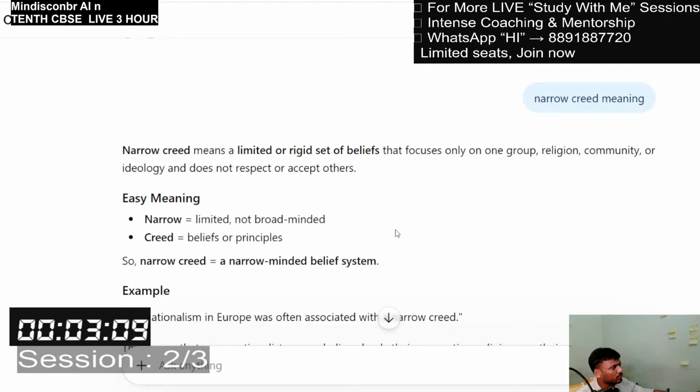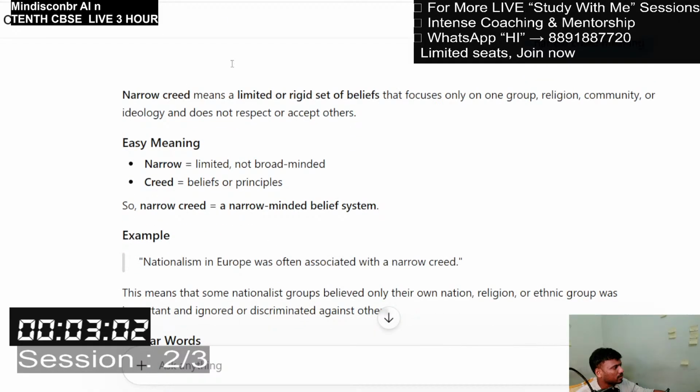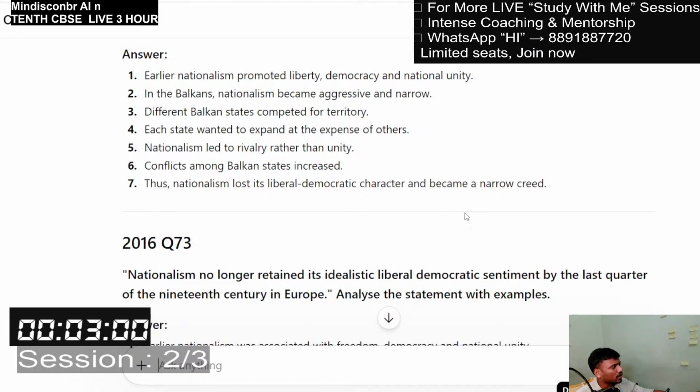Creed means beliefs or principles. Narrow creed means a narrow-minded, limited belief system. So nationalism lost its liberal democratic character and became very limited.